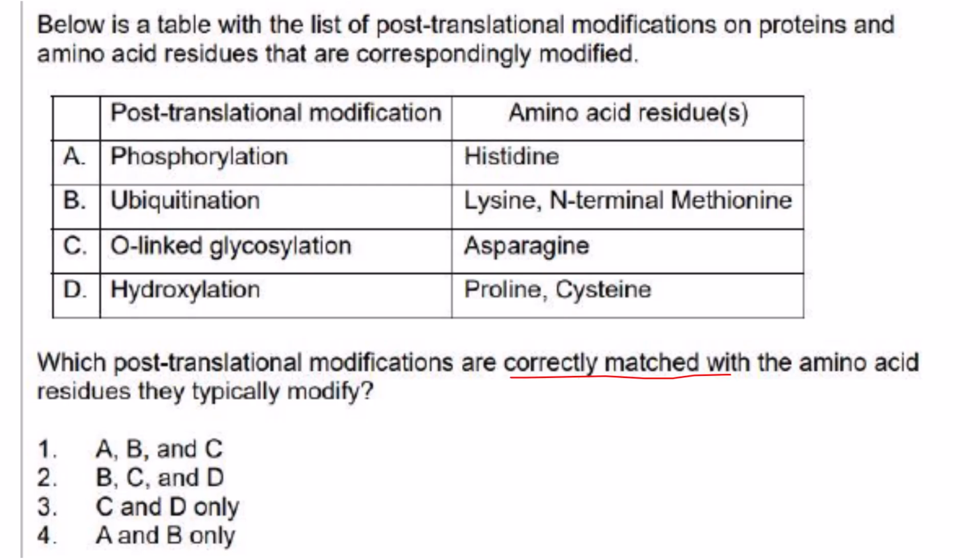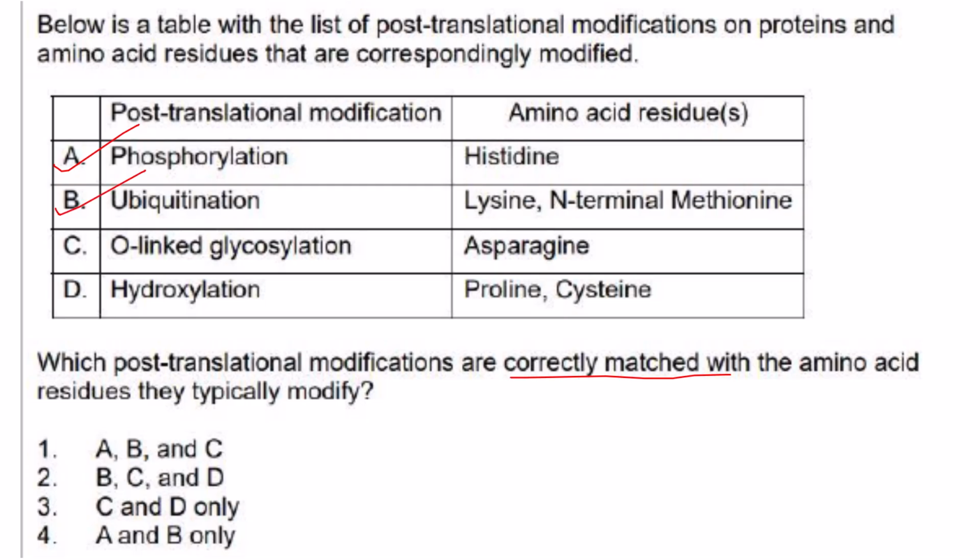Yes, it is the addition of a phosphate group and it occurs mainly on the side chain of serine, threonine, tyrosine, etc. But in some cases it can occur on histidine, lysine, arginine also. So A is correct. Then ubiquitination usually occurs on the lysine residues of the target protein. It can also occur on cysteine, serine, threonine as well as on the N terminus methionine residue. So B is correct.